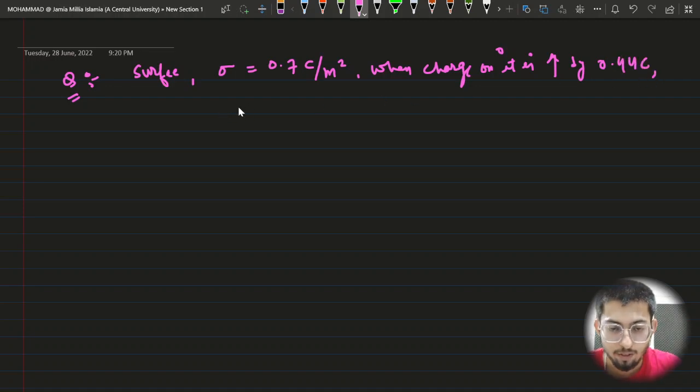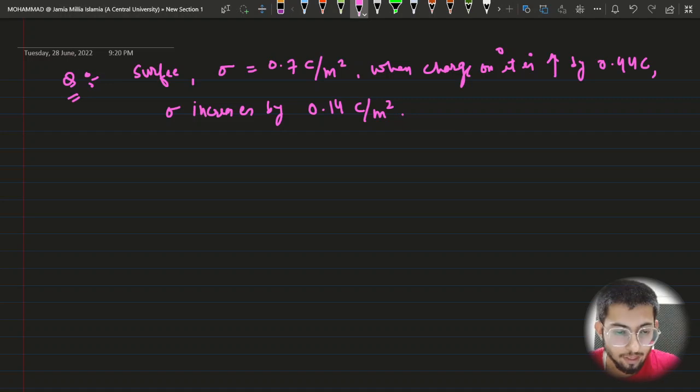The surface charge density is increased by 0.14. Sigma increases, is it 0.14 coulomb per meter square? What is he asking?